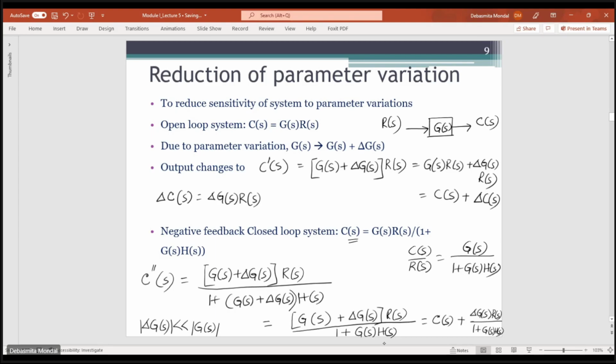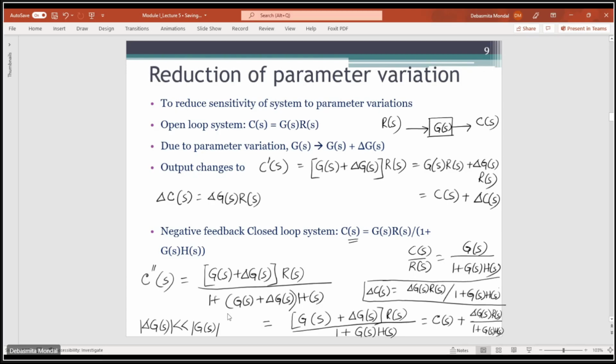So from here, this is C and this is delta C. So delta CS in this case is equal to delta GS into RS divided by 1 plus GS HS.